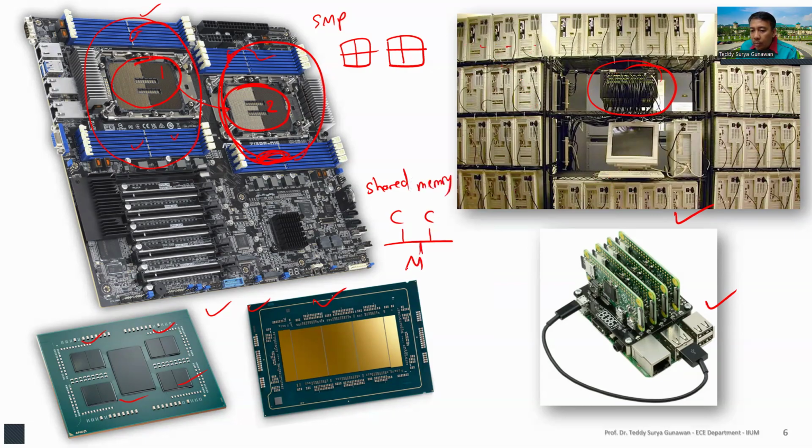It can be accessed by CPU number one or CPU number two. Or it is in the form of distributed memory, so each one has its own memory, PC number one, PC number two, and then they are connected to the communication line, like Ethernet, Wi-Fi, and so on. So you can see the difference.